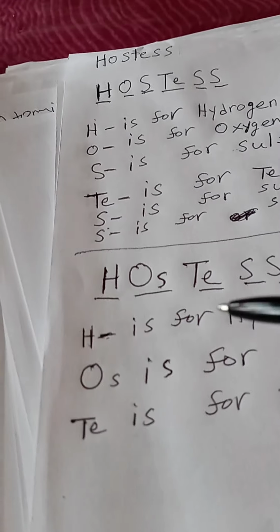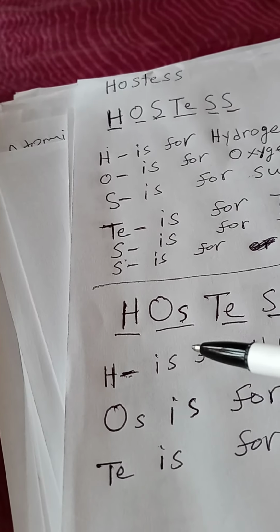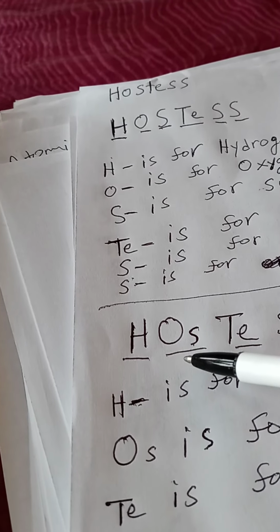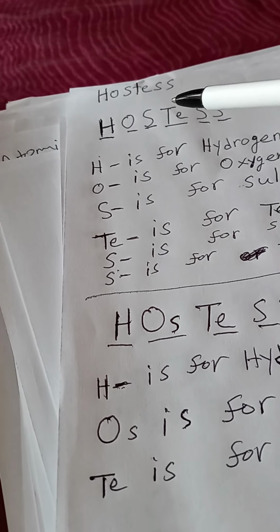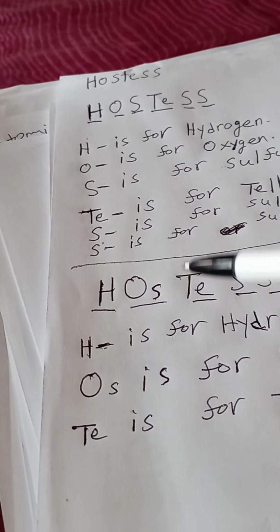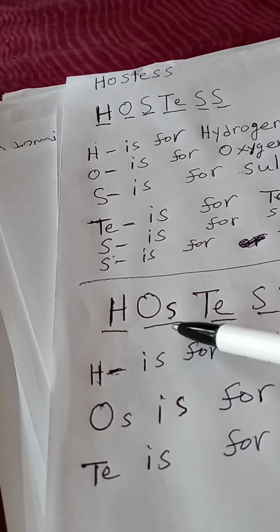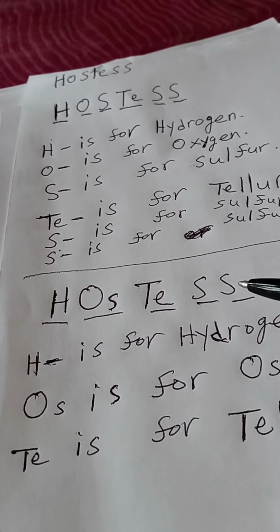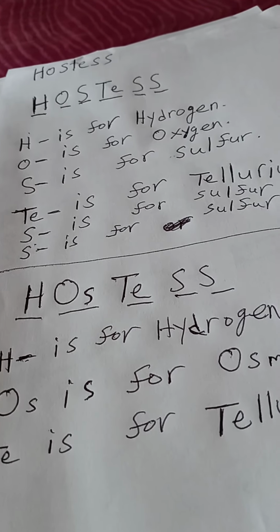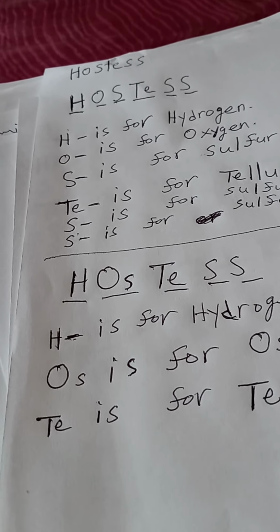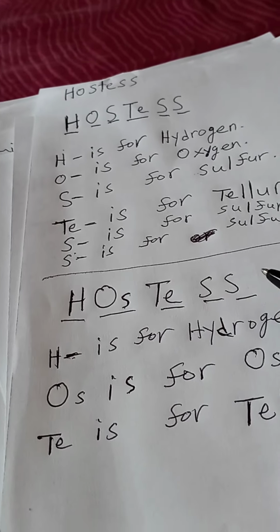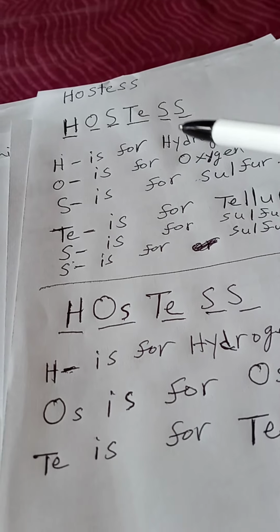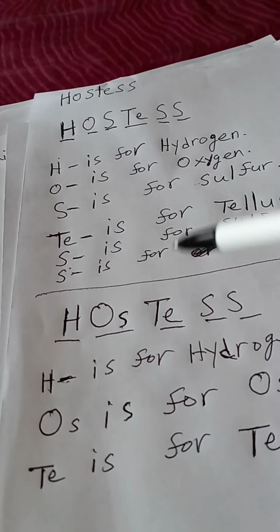Now we go down here and we'll do it again. Capital H, capital O, and a small s. See how here we had a capital T and a small e? Here we have a capital O and a small s. And we've got capital T and a small e, and we've got capital S, capital S. That's another way to write it. Now if you notice, the TE and the SS stay the same in all cases, in these two cases.